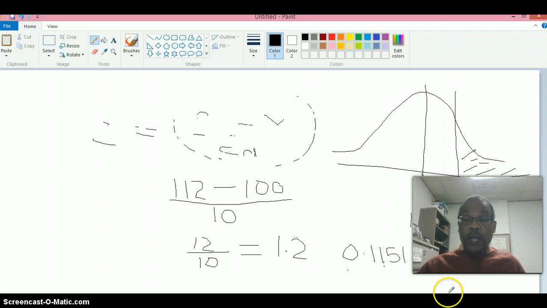So the bottom line is, as you notice, I converted everything to just one decimal place. Technically it's 11.51%, but I just rounded it to one decimal place.